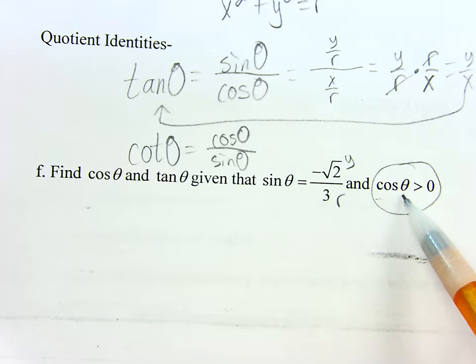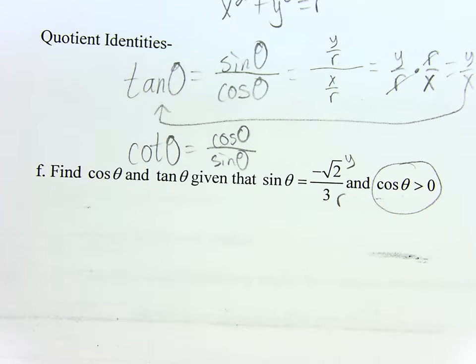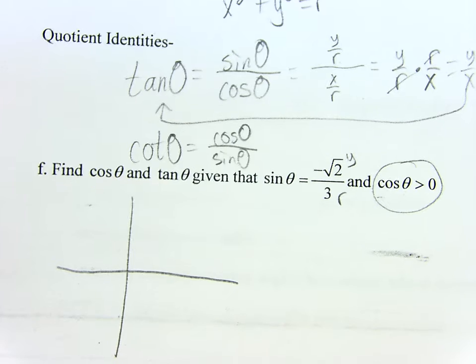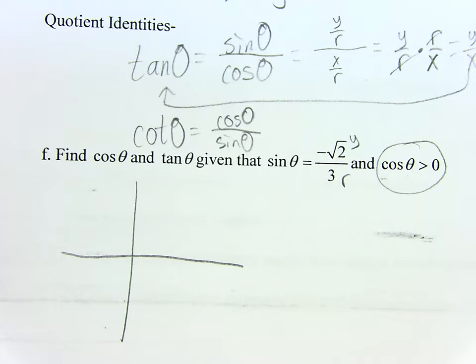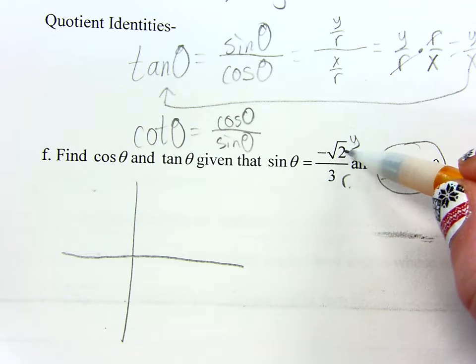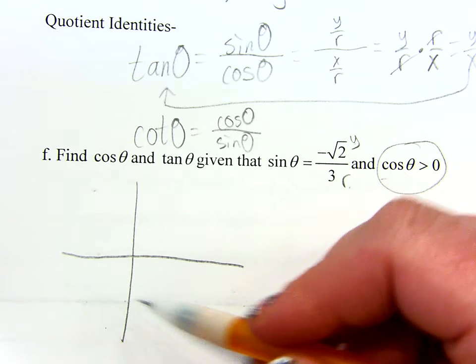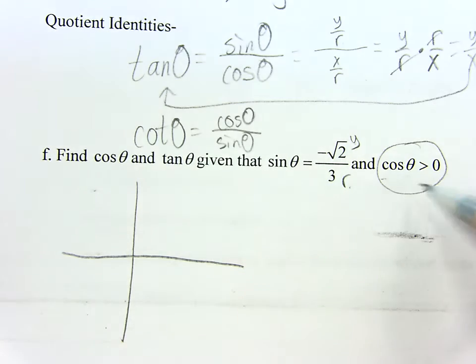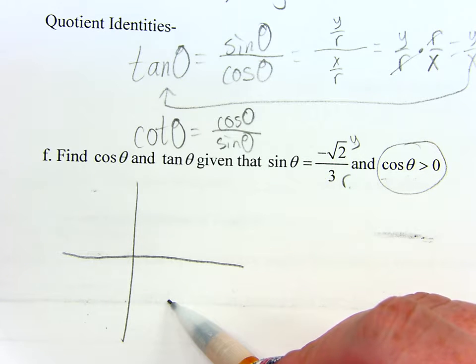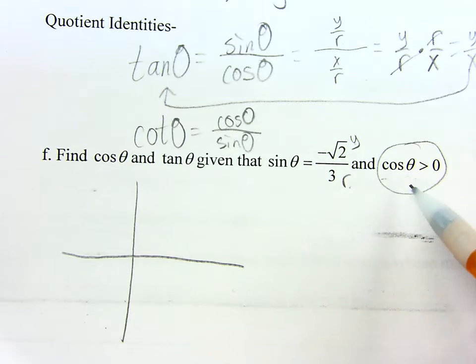And which one has a cosine that's positive out of 3 and 4? 4. So I know I'm in the 4th quadrant. Is everybody okay with how we reasoned our way there? Sine is y over r. I know I have a negative y value, so I'm down to these 2 quadrants, and I need cosine to be positive, and that will only happen here for all these things to be true.